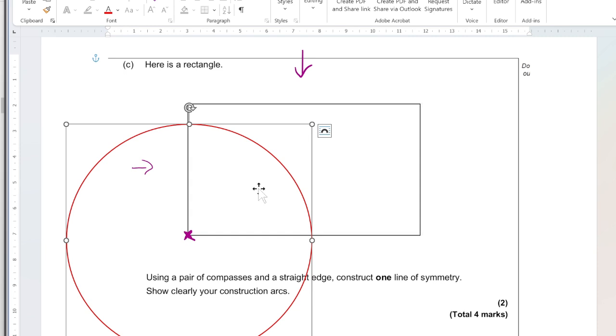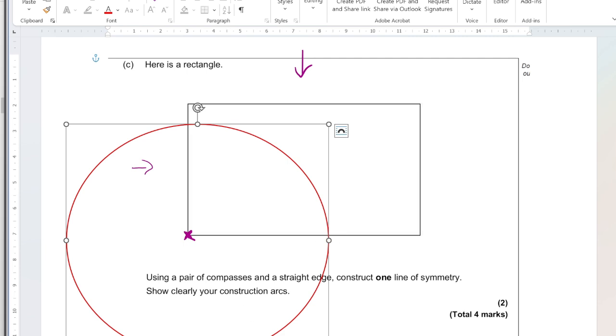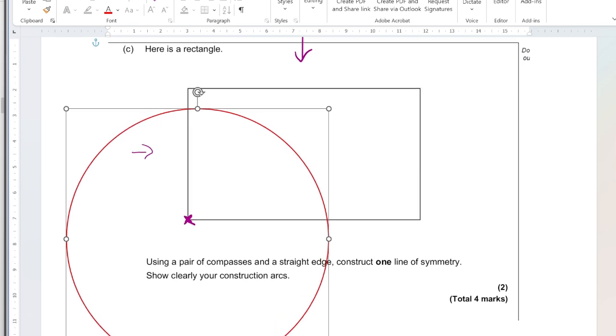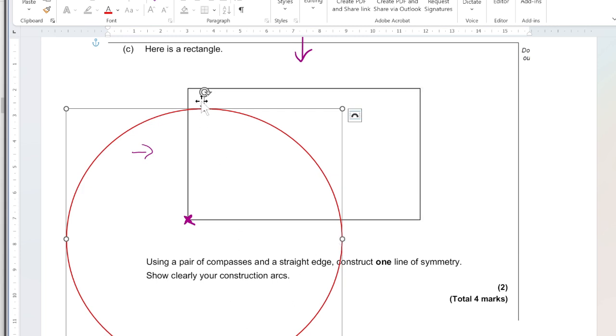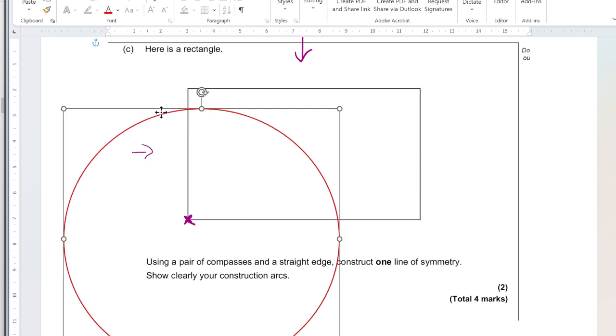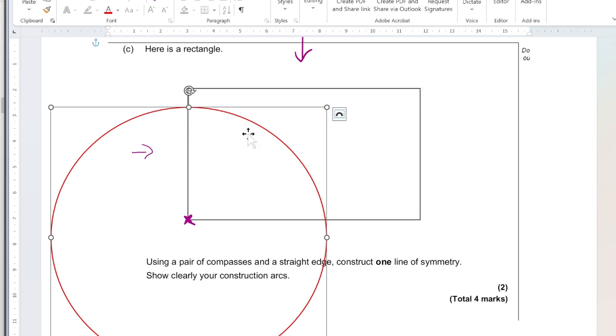Don't necessarily need to have drawn the full circle. Going to make that a touch bigger actually. So provided my compass arm is bigger than half the distance between those two sides, that would be all right. So if you imagine that's going to be roughly my full circle drawn with a compass. Let me just even that out slightly.